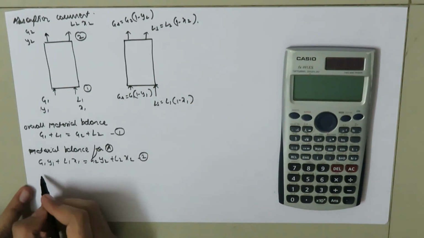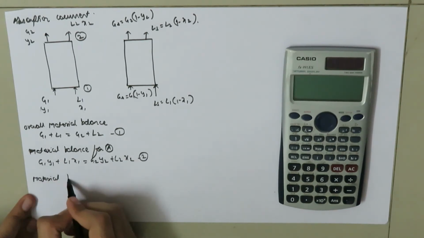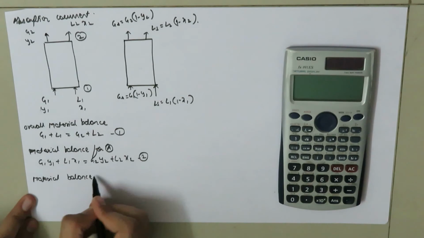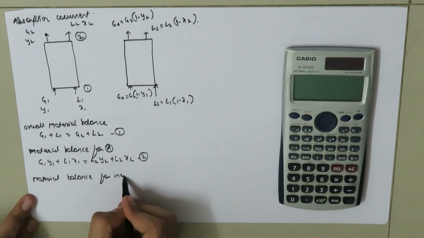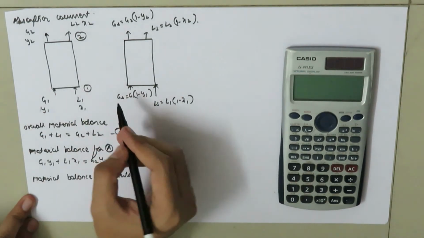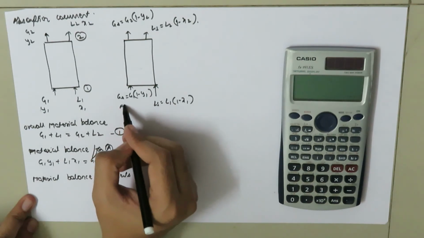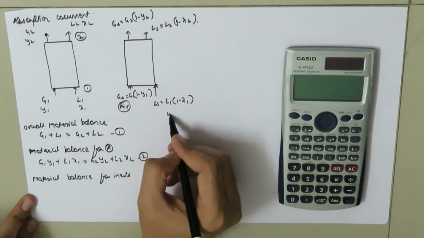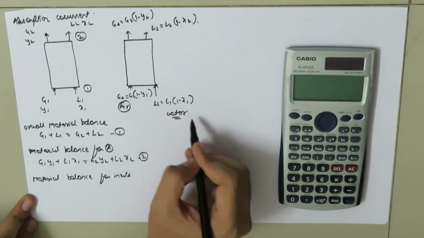Now if we write the material balance for inert, in this case air is the inert in the gas and water is the inert in the liquid.